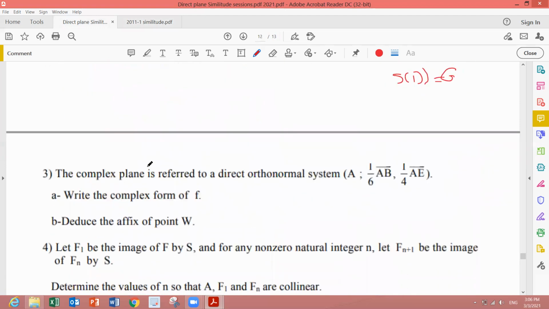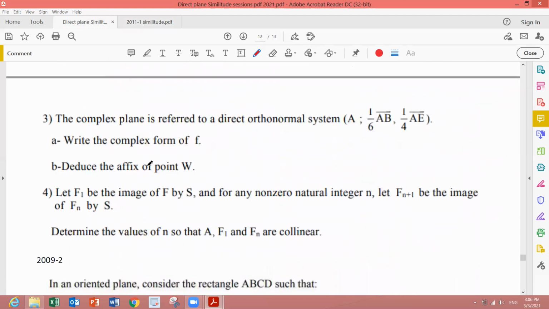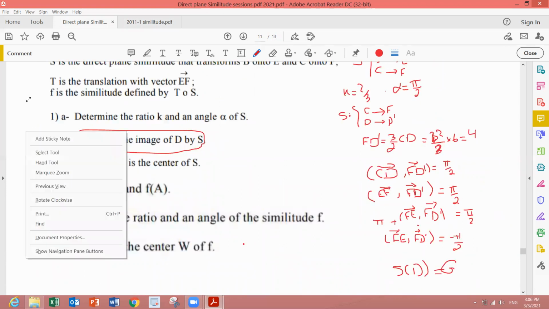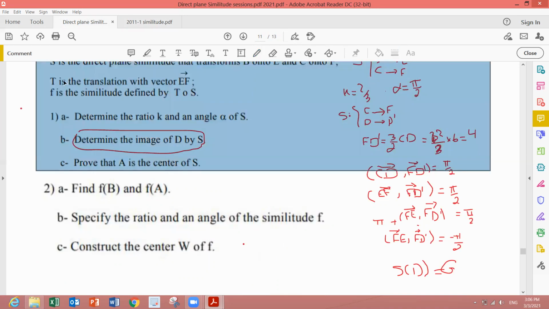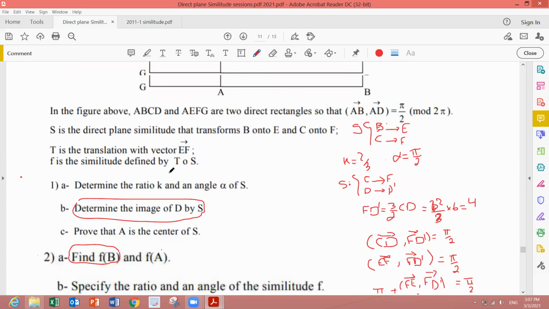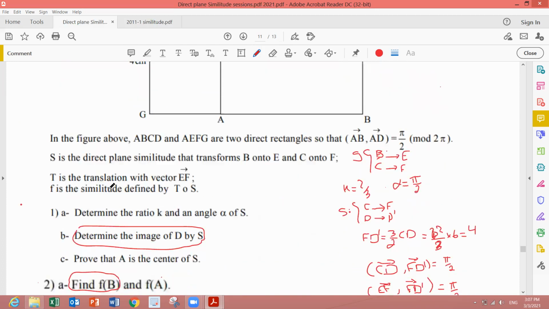Part 2. Determine or find F of B. What is F of B? What is F?